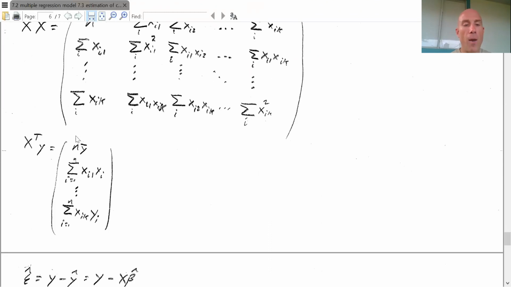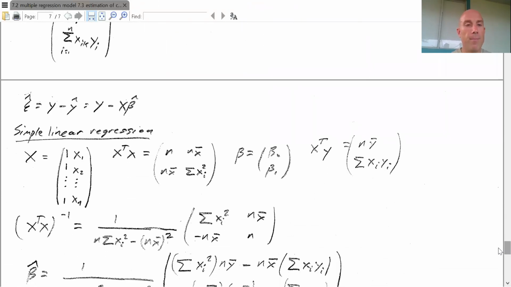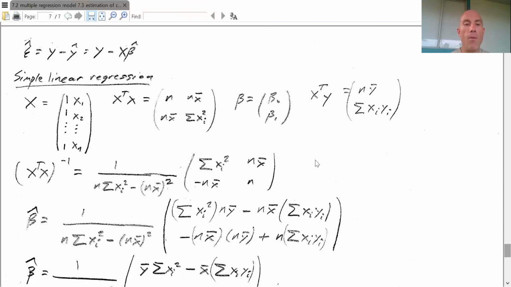Here's x transpose times y. Here is our epsilon vector. It's just the difference between the model and the observation. And if I want to go through and do simple linear regression, everything works out so nicely.